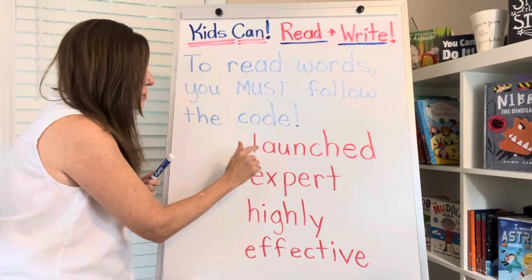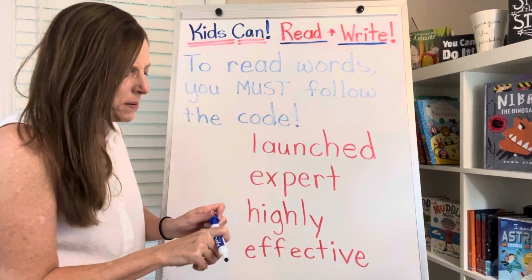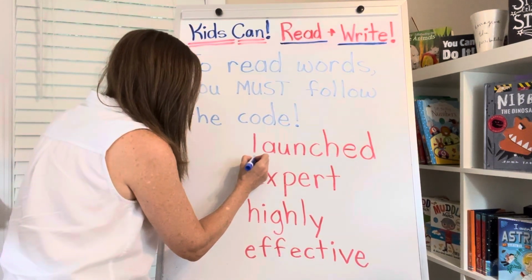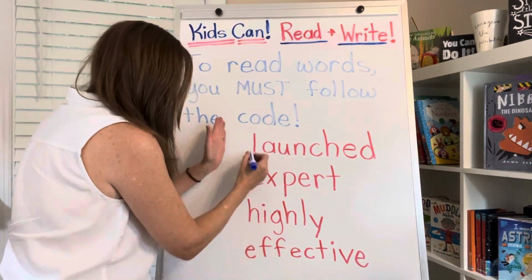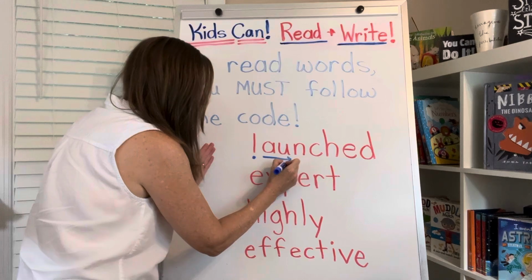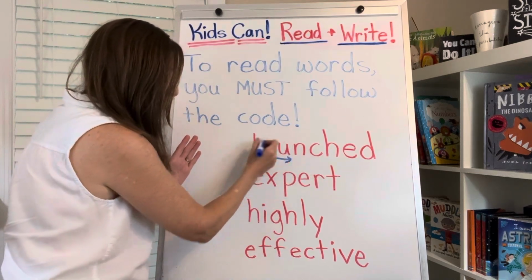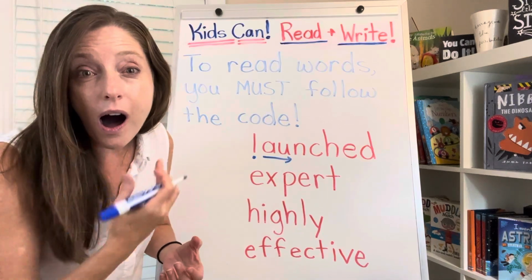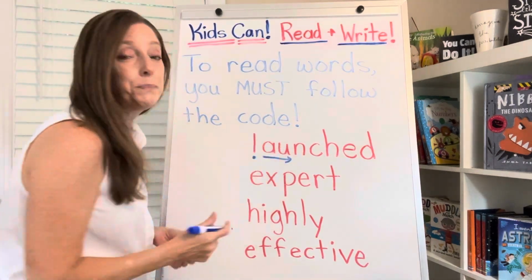So if we look at this first word, remember, to read words in English, you need to start on the left, this side, and you need to find the vowels or vowel combinations. In this case, this is a trick combination. A and the U say ah. Okay, U is a substitute dentist.